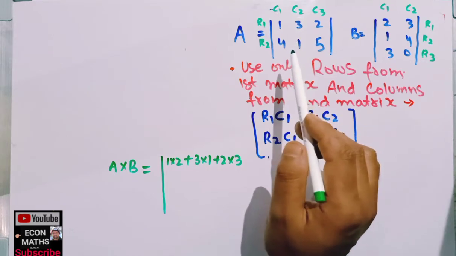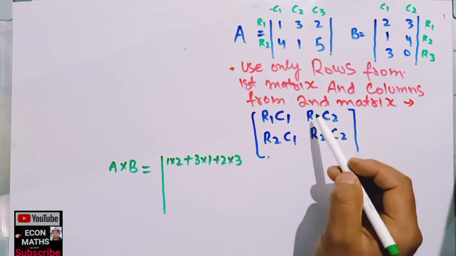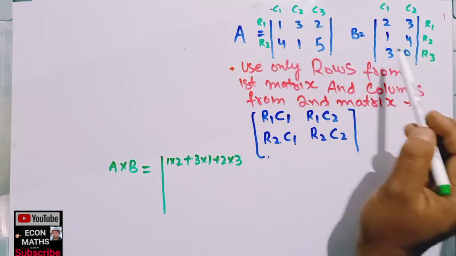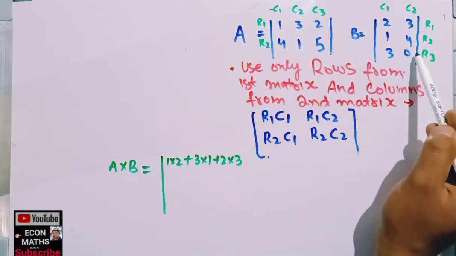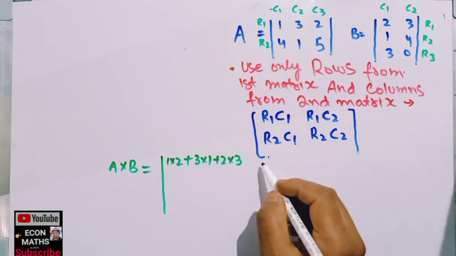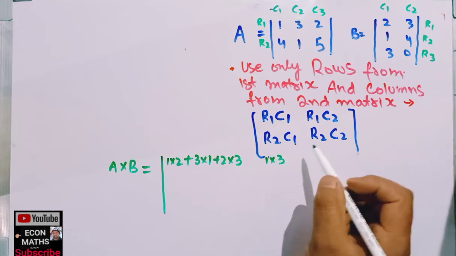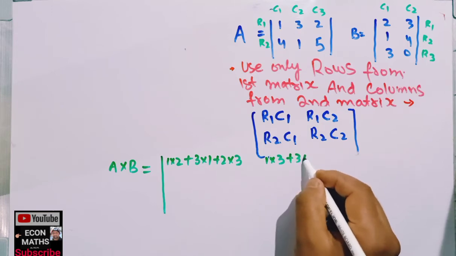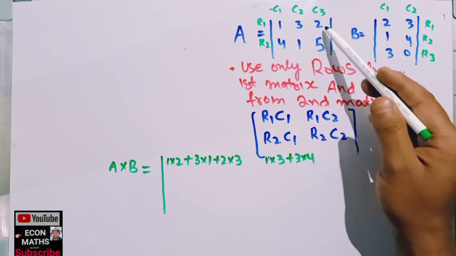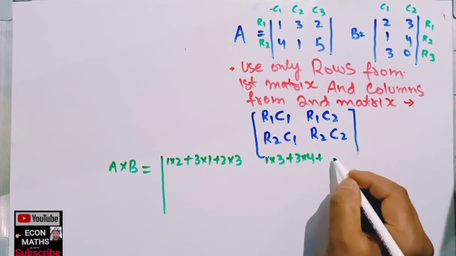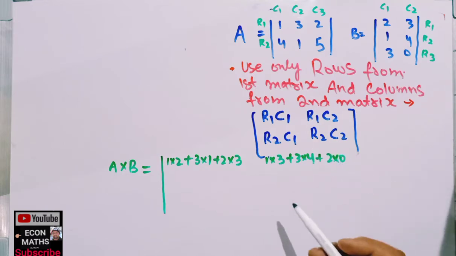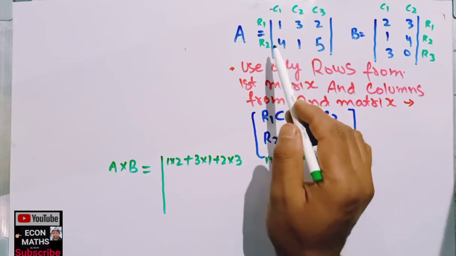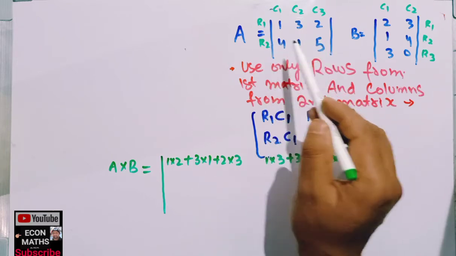Similarly, I will take row 1 and column 2. So row 1 will be multiplied with column 2. This is 1 into 3, plus 3 into 4, plus 2 into 0. Similarly, we take row 2 and the first column.